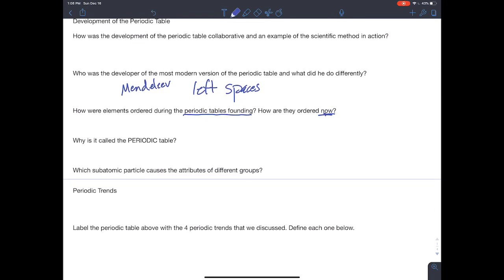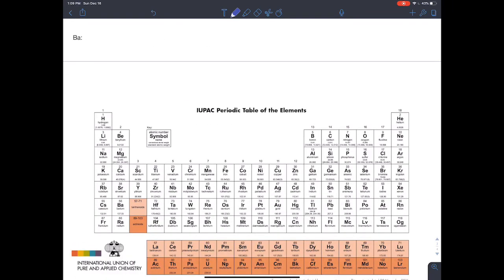Why is it the periodic table? Well, because things repeat periodically. Properties, specifically, repeat. Something that comes up periodically, like Christmas, comes up once every year. So if you look at the periodic table and start at one element, let's start at lithium, and then you go 1, 2, 3, 4, 5, 6, 7, 8.